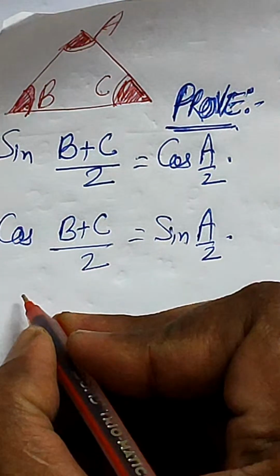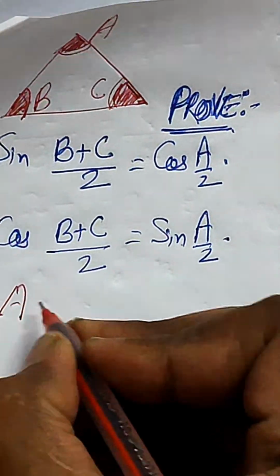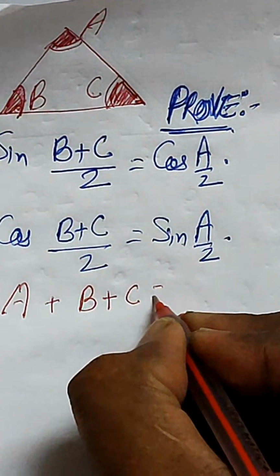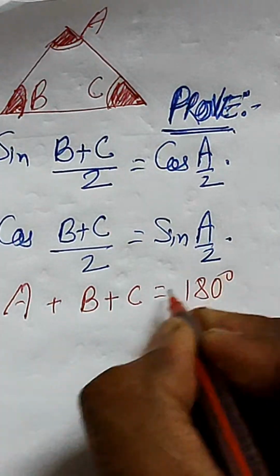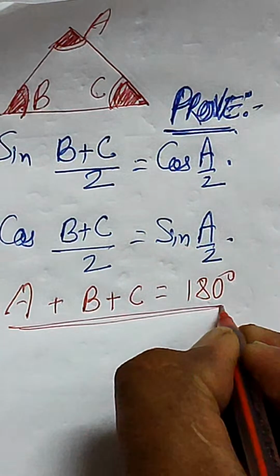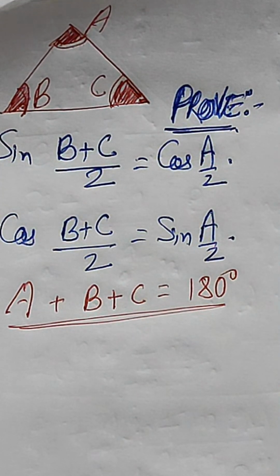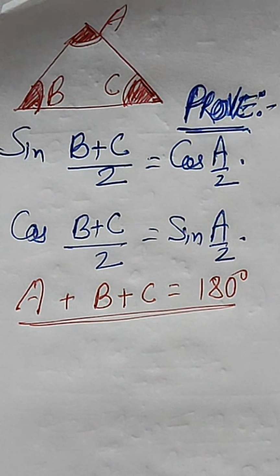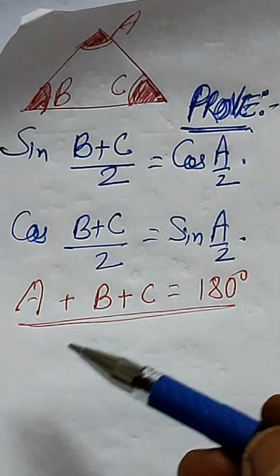So can't we write angle A plus angle B plus angle C is equal to 180 degrees? Can we write it or not? Tell me.